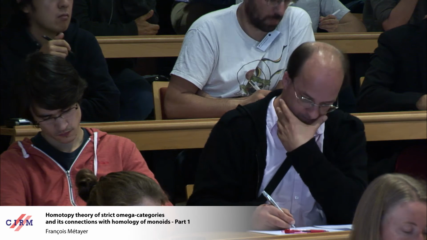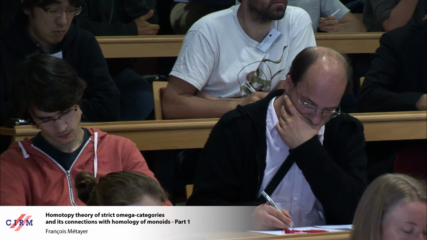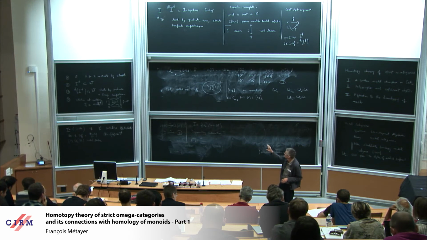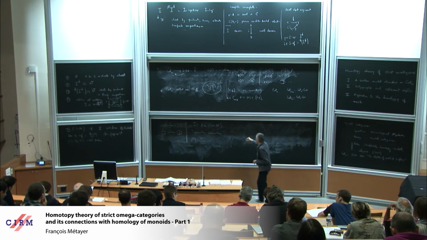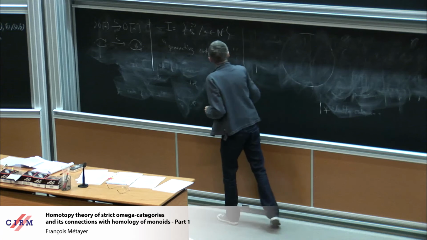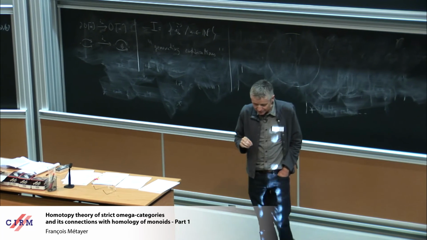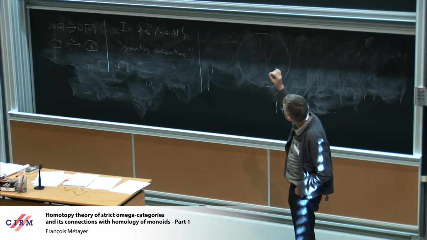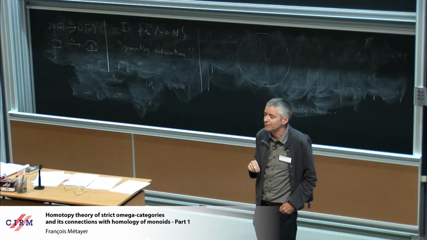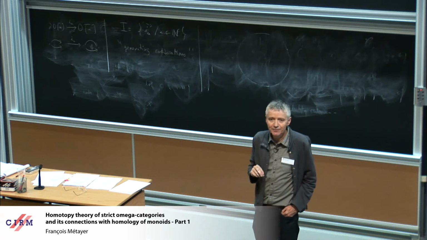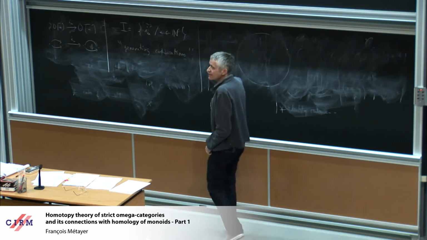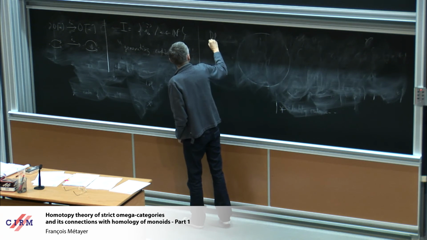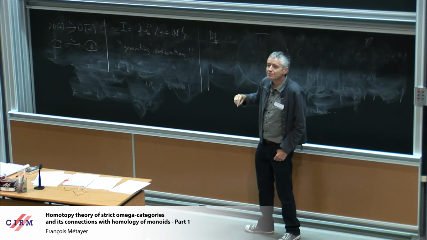I didn't define the weak equivalences, which are the most important part of the structure. So for that, we need something. We need to put some relations on cells in omega cat, and the basic definition is that of reversible cell.